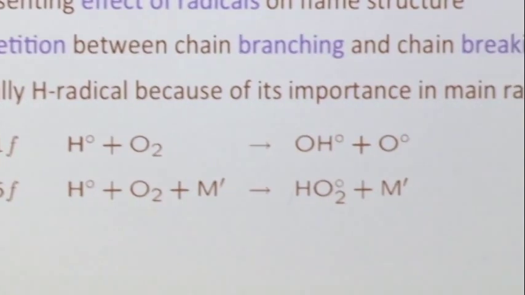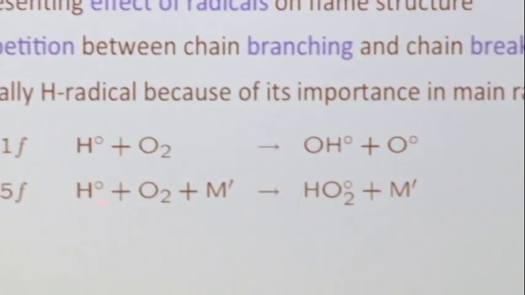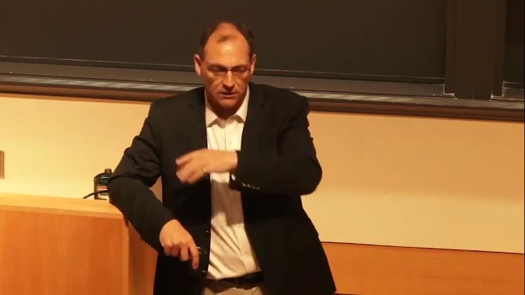Okay? Now, when I say you have H and OH and O, some reactions go with H, other reactions go with O, and so on. That's all not so important. You would think if you produce, let's say, an OH radical, and you have another reaction that needs an H radical, like methane plus H goes to methyl plus H2, do you first need to do something else?